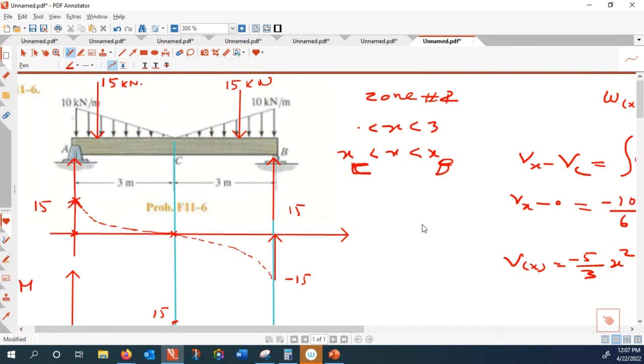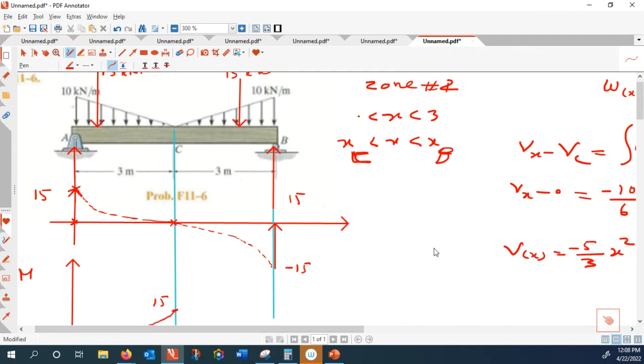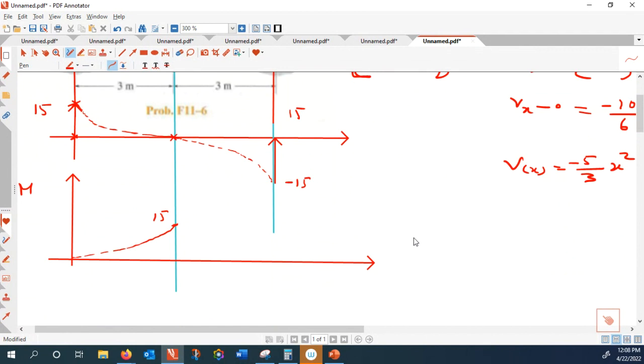Okay, now let's see whether the bending is also simple.